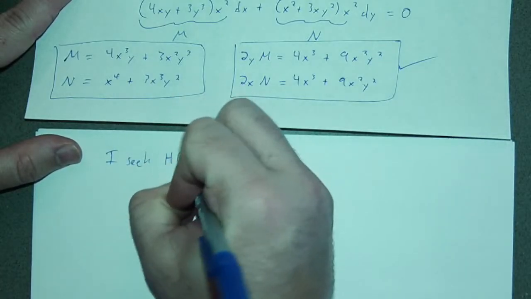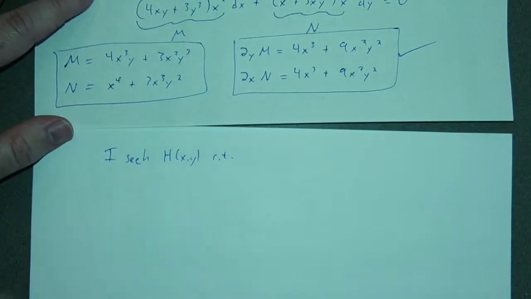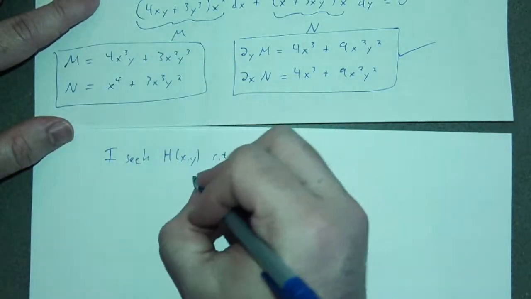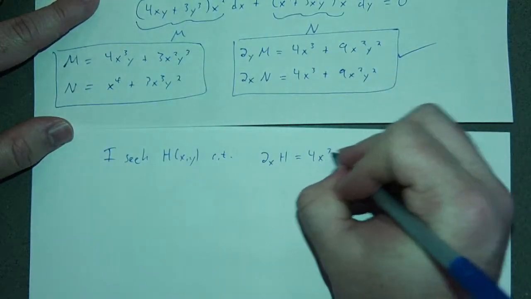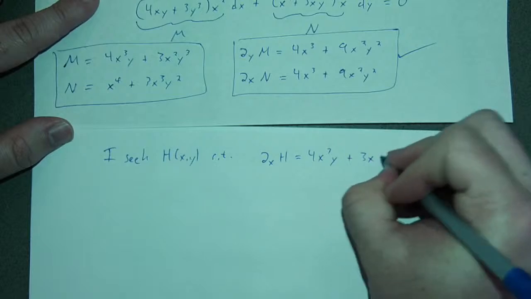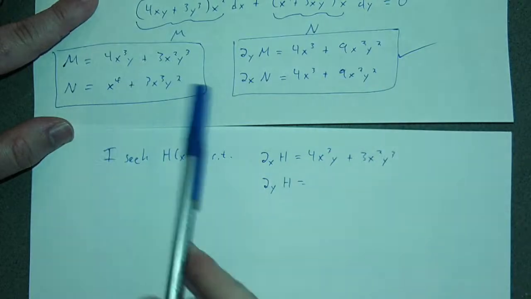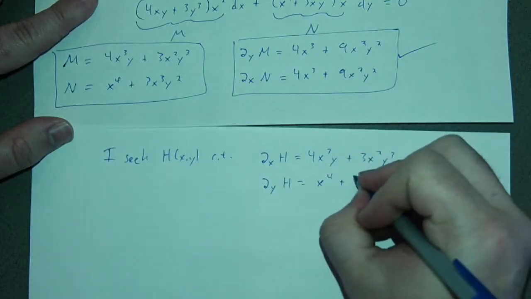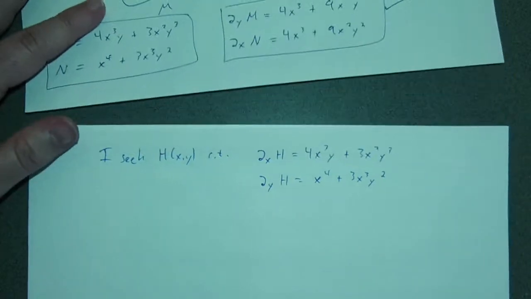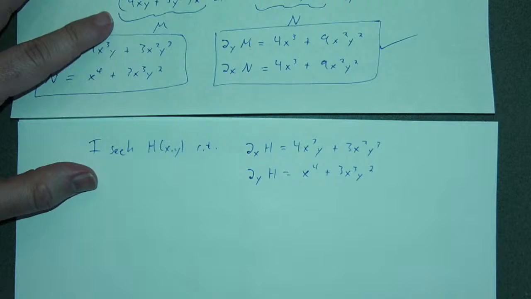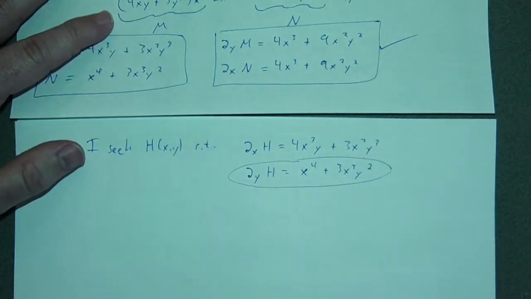I seek h of x, y such that the x partial of h is equal to 4x cubed y plus 3x squared y cubed, and the y partial of h is equal to x to the 4th plus 3x cubed y squared. Now I can pick any of these that I want to. I'm going to pick the second one, just because.